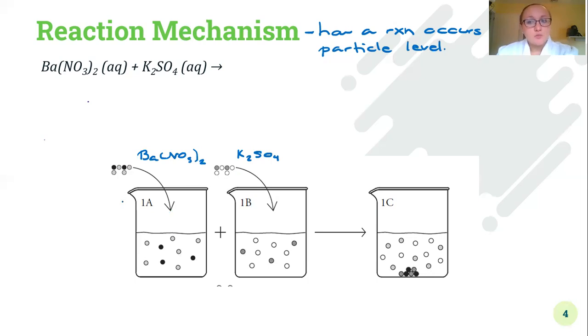Now we also learned that when we're drawing particle diagrams, we want to label our particles so people know what we're talking about. For our barium nitrate, which of these two do you think represents the barium? Which represents the nitrate?